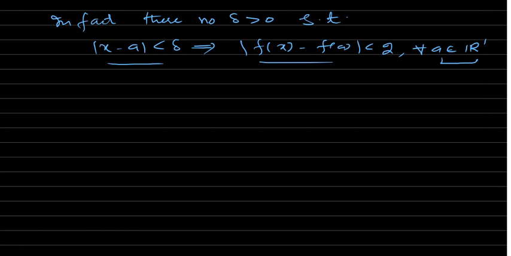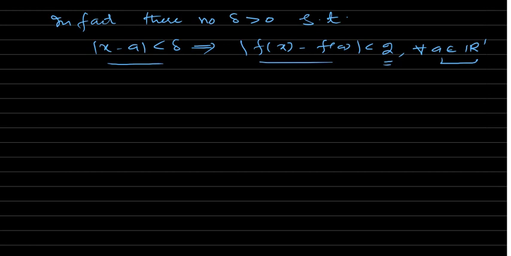So in fact there is no delta positive. अगर suppose ऐसा delta होता, there is delta positive such that mod of x minus a less than delta implies mod of f x minus f a less than epsilon, every epsilon positive for each a in this domain R1, then I say that function is actually uniform continuous. Okay, the definition of uniform continuous function. But here I will prove that for this particular function this does not hold, so I don't have any delta positive with this property for epsilon equal to 2.